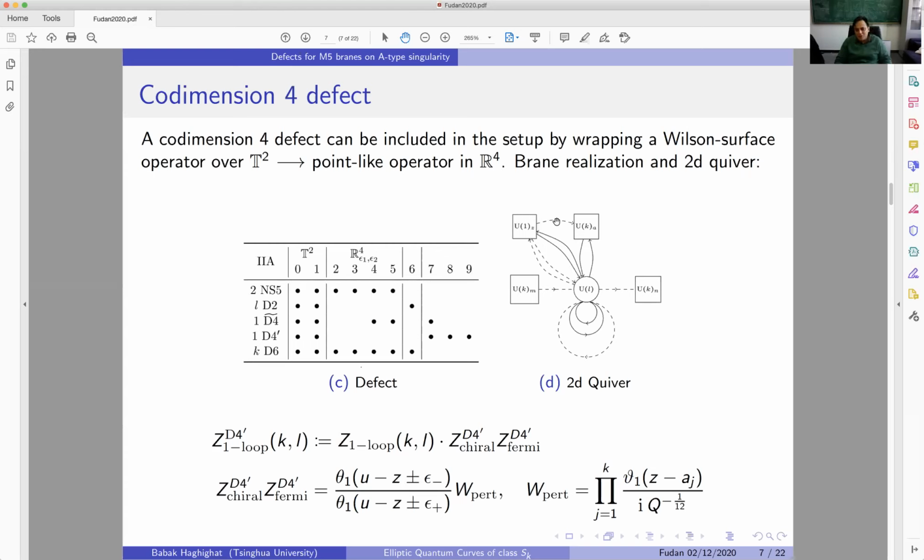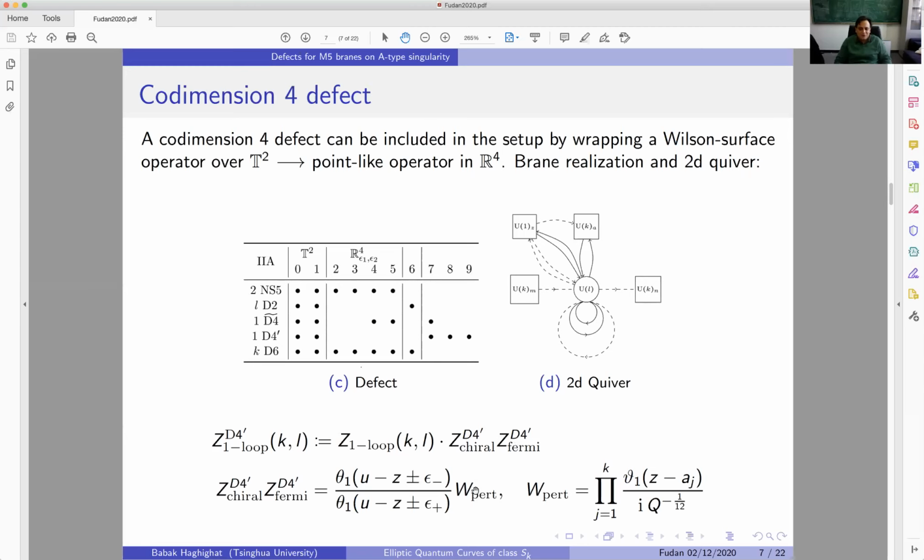And you have also this extra piece, which is not charged under these gauge symmetries, coming from Fermi multiplets between these two. Therefore, we get the original one-loop contribution plus these extra pieces, namely the 2 chiral and the 2 Fermi fields, denoted here by these products of theta functions. The plus-minus notation means that the numerator is a product of 2 theta functions, and the denominator is again a product of 2 theta functions.